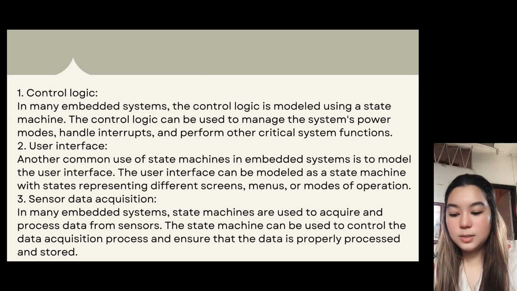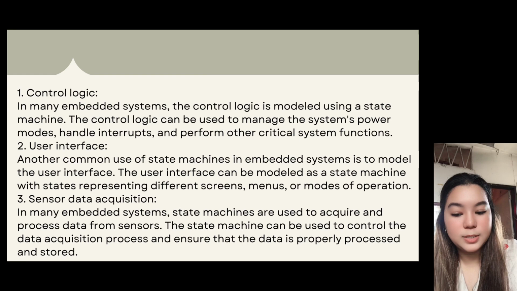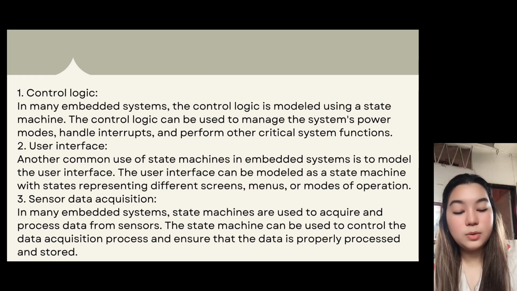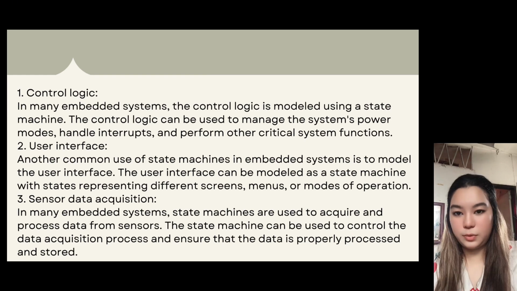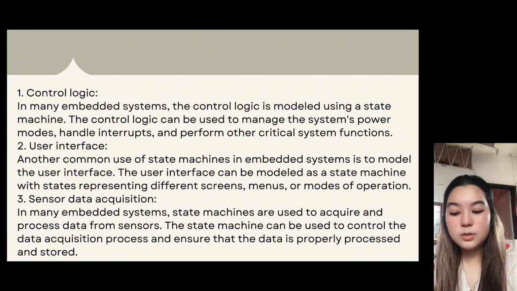So the next one, we have here sensor data acquisition. In many embedded systems, state machines are used to acquire and process data from sensors. The state machine can be used to control the data acquisition process and ensure that the data is properly processed and stored. So we have also an example for this one.